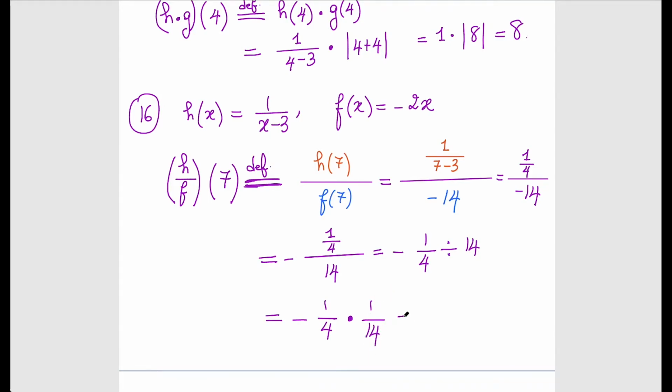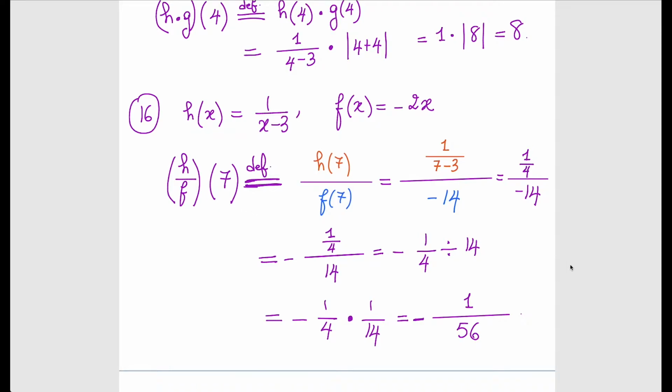Now, how do you multiply two quotients? Straight across. You multiply the numerators and divide by the product of the denominators. So it's going to be minus the quotient: 1 times 1 is 1, and 4 times 14 is 56. So the output is minus 1 over 56. That's the image of 7 under the quotient function h over f.